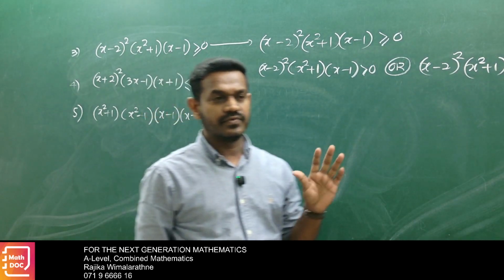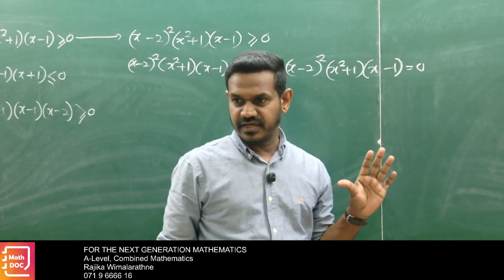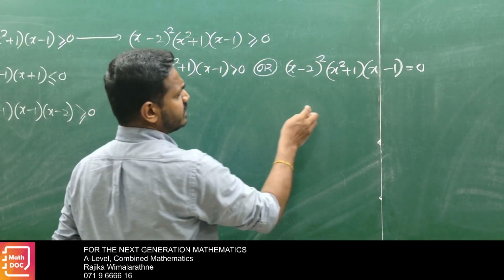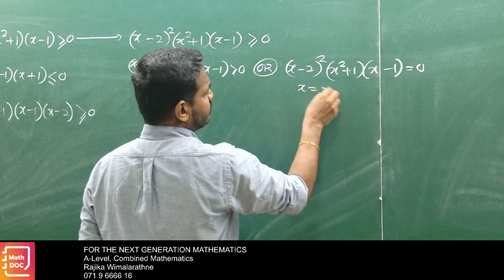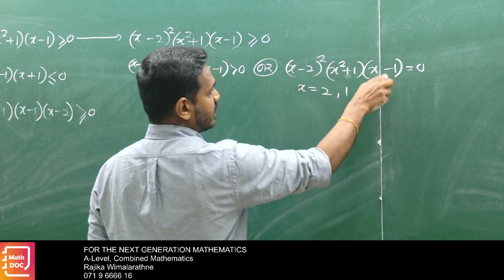Separate equality and inequality, no? Then we can easily solve the equality. Then find the solution for this. We have x equal 2, here we don't have a solution, no? And x equal 1 we can get here.